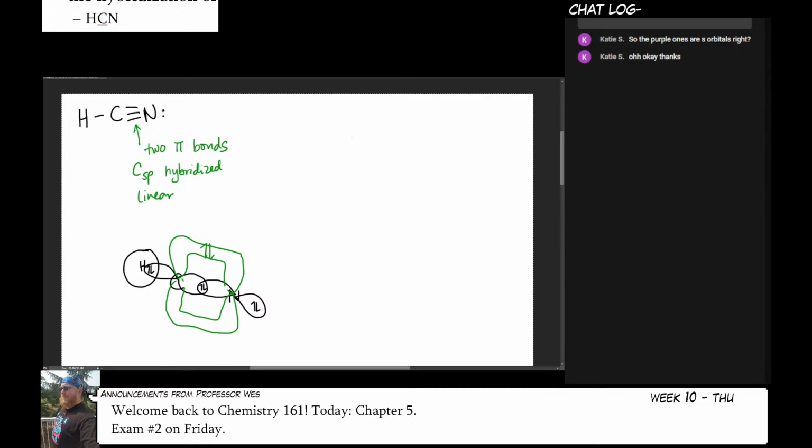Then I have another pair of electrons in an orbital going in this orientation and this orientation.